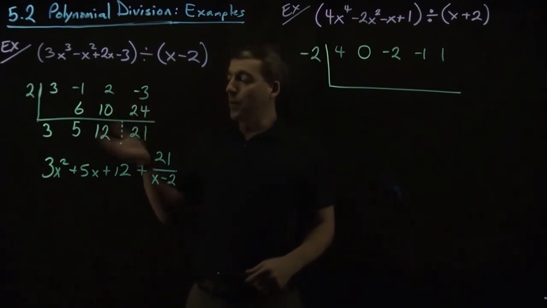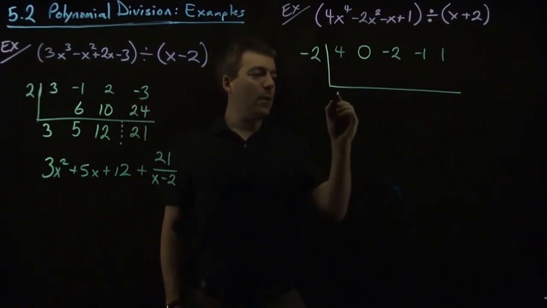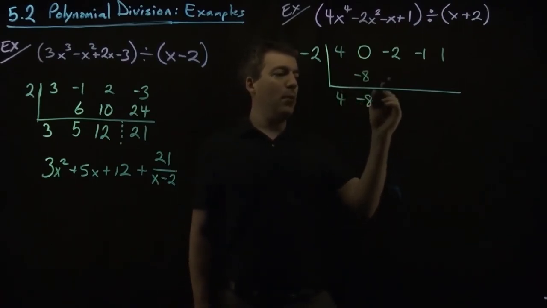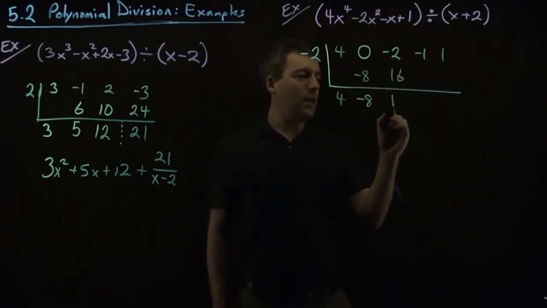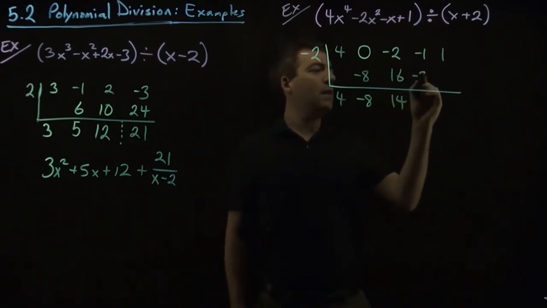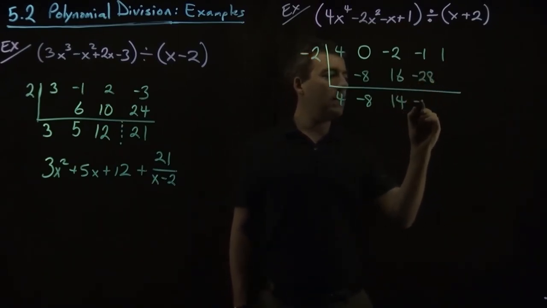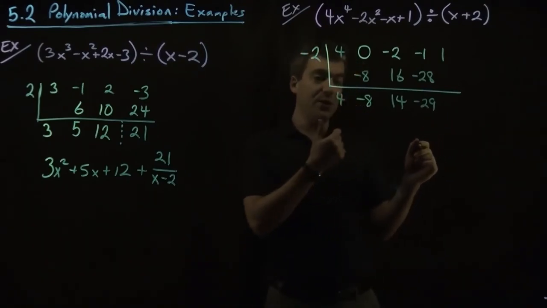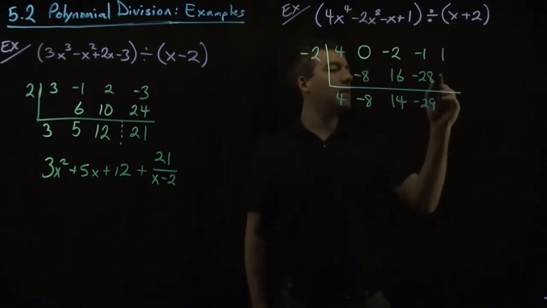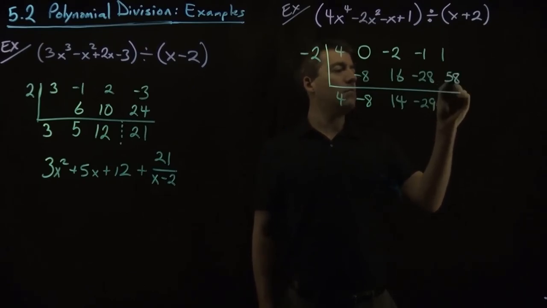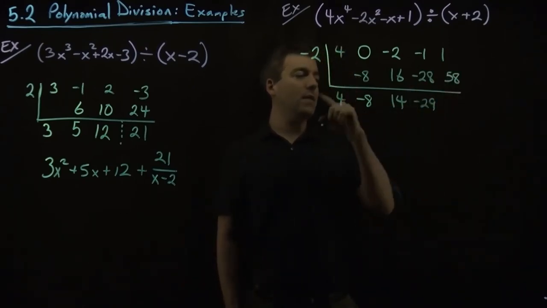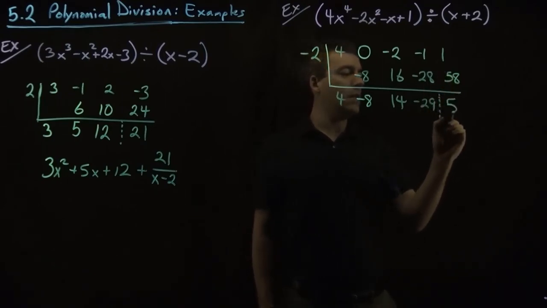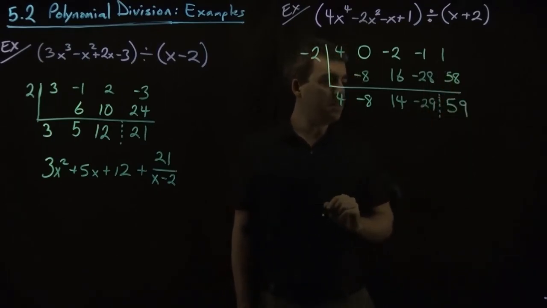All right, and now we run through the procedure. So bring down the 4, multiply, add, multiply, add, multiply, add, and then multiply. So 29 times 2 is 58. Positive 58 because negative times negative. And then add. 59.